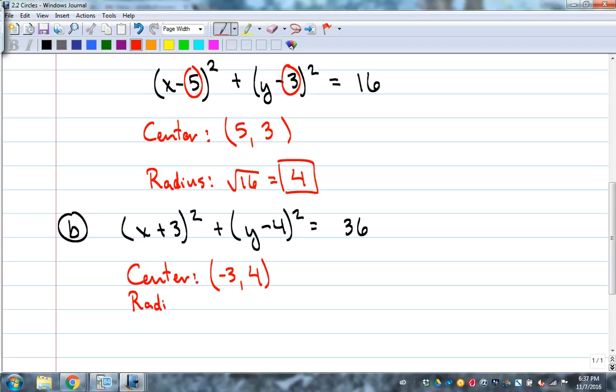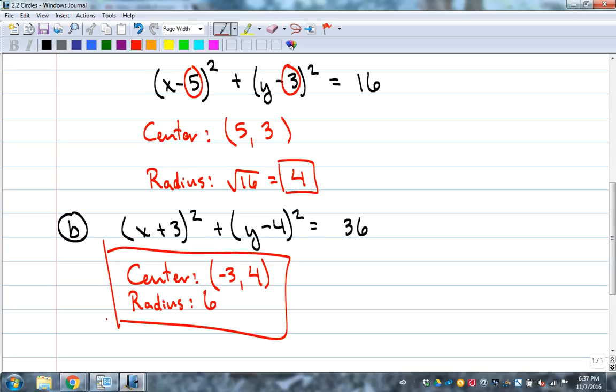What's the radius? 6. Square root of 36 is 6. We're only using the positive square root there because we're talking about a radius, and that's a distance. Distance is always positive. So it's always the opposite of what's in the parentheses. So if it's x plus 3, it's going to be a negative 3. And if it's y minus 4, it's a positive 4. That's always the opposite of what's in the parentheses. Okay.